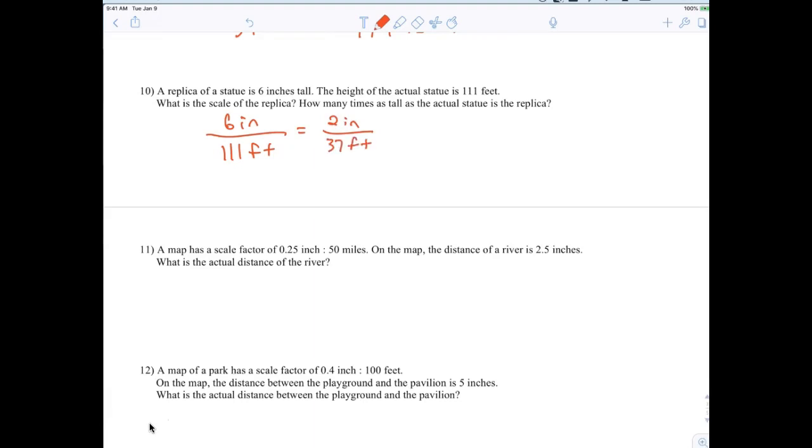And if you wanted to, because it divides, you could say 1 inch is the same as 18.5 feet. That wouldn't be bad. I don't care if you leave it the other way though. So how many times? 12 times 18.5 is 222 times greater.